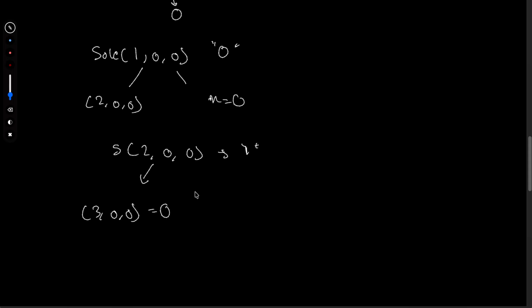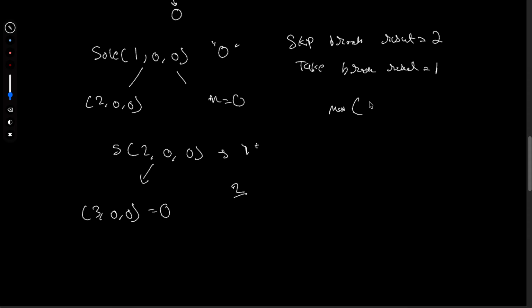So skip side branch result is 2, and take branch result is 1. So max of take and skip, 2 and 1, so the max is 2. So the final maximum string is 2.